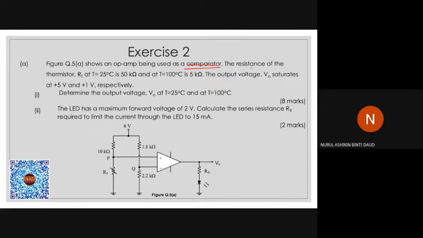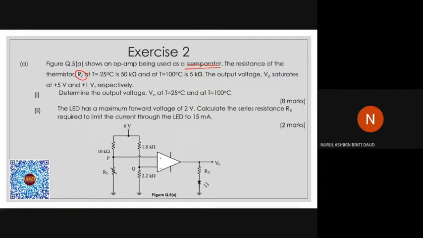The resistance of the thermistor, which is the RT. So the thermistor resistor, okay, has a different value of ohms depending on the temperature. So that's why we call it a thermistor, and there is a T sign here.